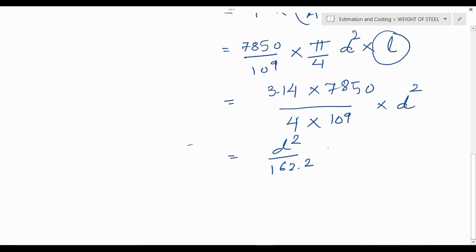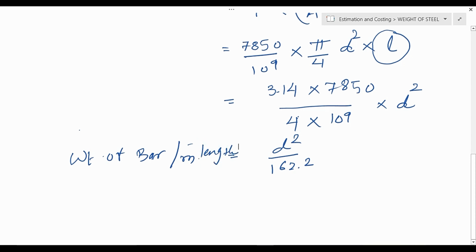Now the second question is, what is diameter square divided by 533? This is in terms of meter, per meter length, so I can write here weight of bar per meter length. Now suppose I want to find my weight of bar per feet length. Generally in India we work on site in feet and inches.